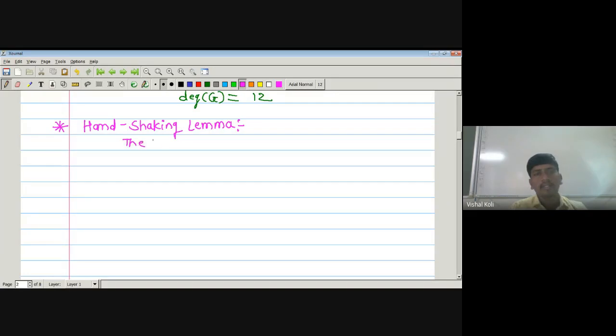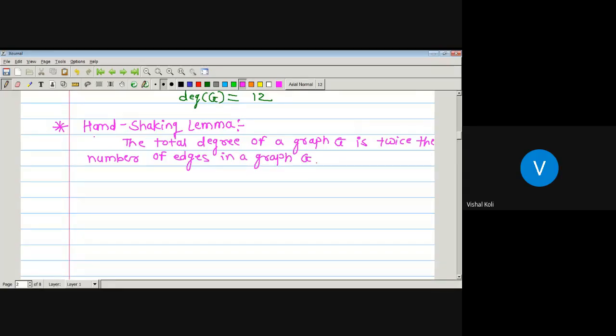The total degree of a graph G is twice the number of edges in graph G.